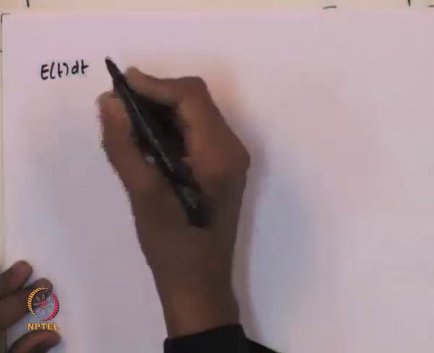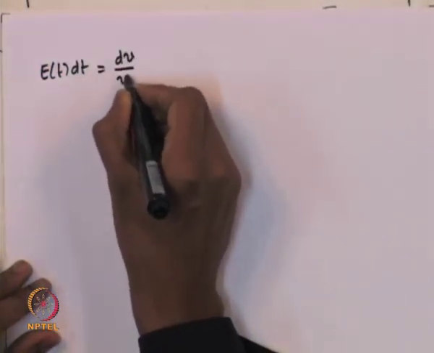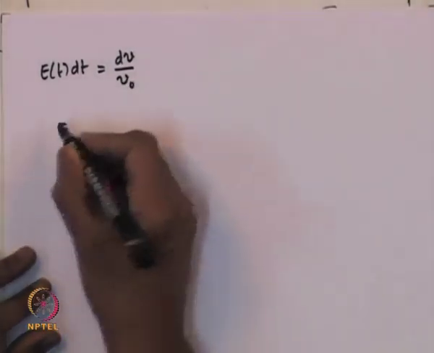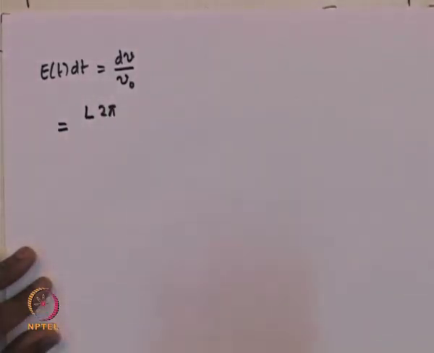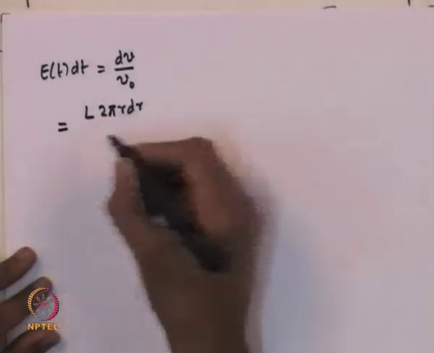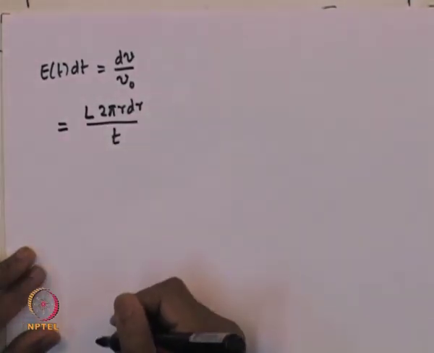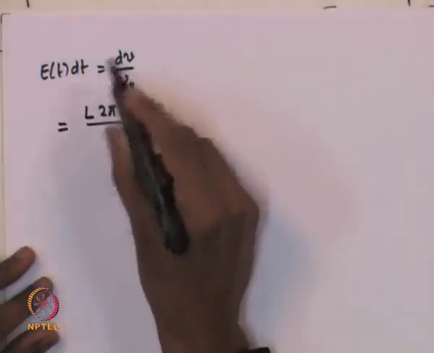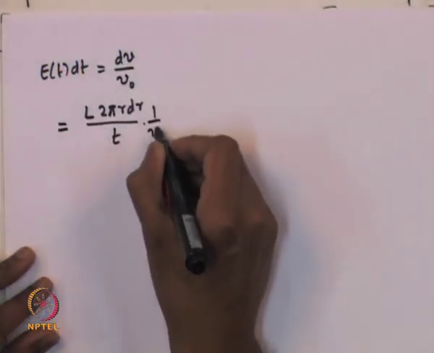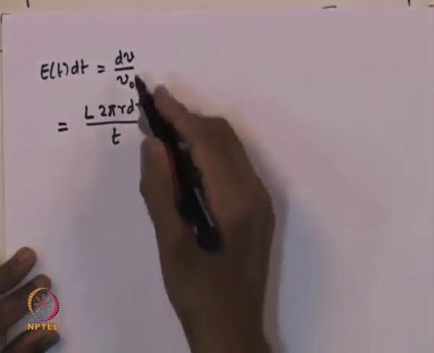That is given by E of t dt, which is equal to dV by V naught. dV is nothing but the length of the reactor into the area of that small element, 2 pi r dr, divided by the time taken by the fluid in that particular shell to travel from the inlet to the outlet, and that ratio gives the differential volumetric flow rate, multiplied by 1 by V naught. So, that is the expression for dV by V naught.